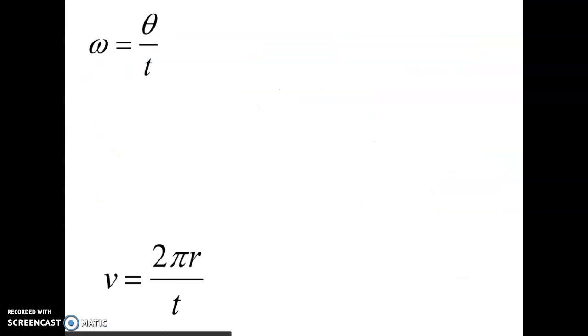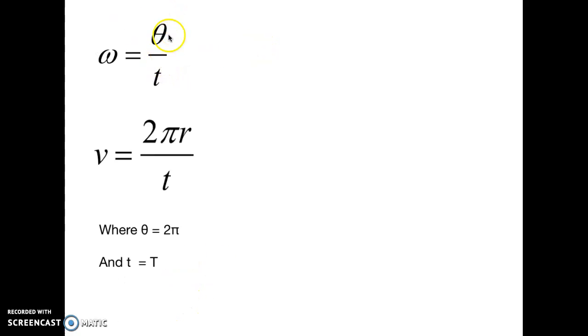If we look at the relationships that we had already, we had angular velocity is theta, the angle in radians, over t, and velocity was 2 pi r over t. Take this first relationship and we substitute the idea that a full circle would be 2 pi and t would be equal to the period, capital T, then what we'd end up with is 2 pi over capital T. 2 pi over capital T then becomes omega.